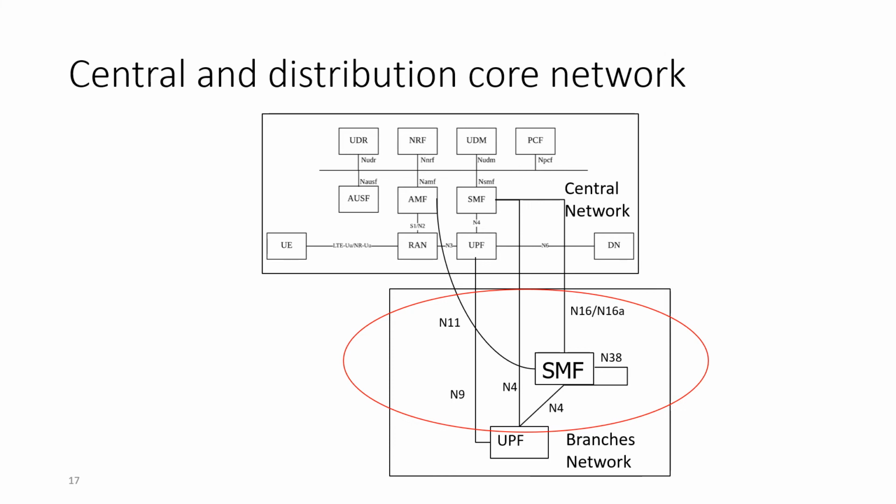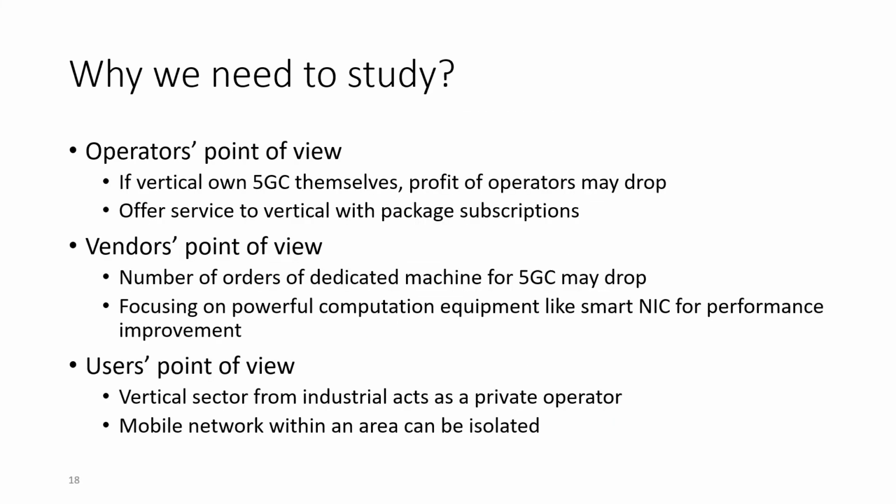We can consider an interface between the central AMF and the branches SMF. This is not covered in the standard, so this might reduce the procedure for control from central to branches. Why do we need to study that?